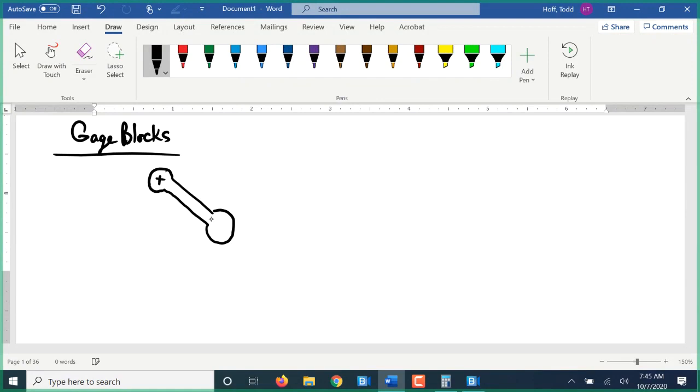It has an exact distance of either 5 or 10 inches between the centers of those circular ends. And we can use it to create a very exact angle. If I have the exact height built up here, that height is built up using gauge blocks.